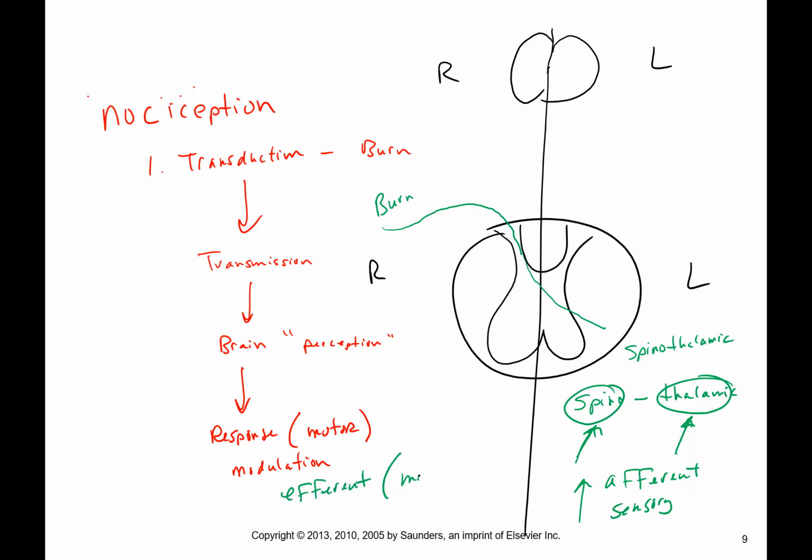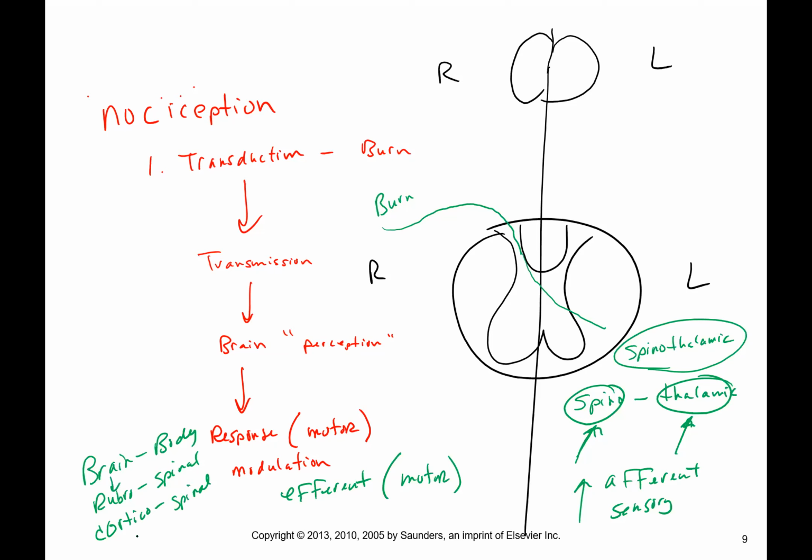also known as motor. The way they let you know in neuro language is it would say brain, body, like rubrospinal, corticospinal. These are different parts in the brain, and it's going to the spine.